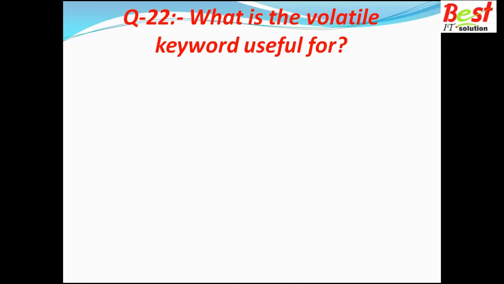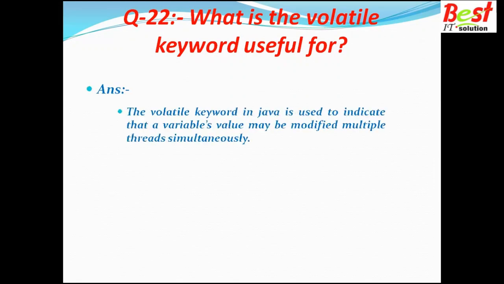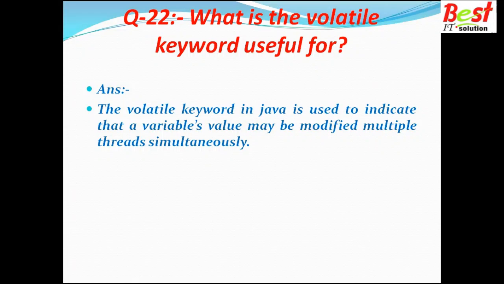What is the volatile keyword useful for? The volatile keyword in Java is used to indicate that a variable's value may be modified by multiple threads simultaneously.